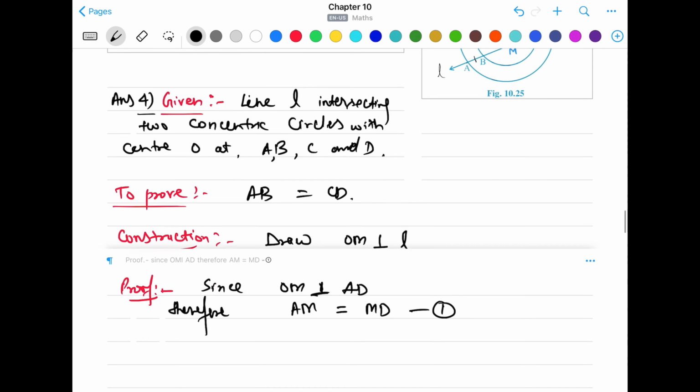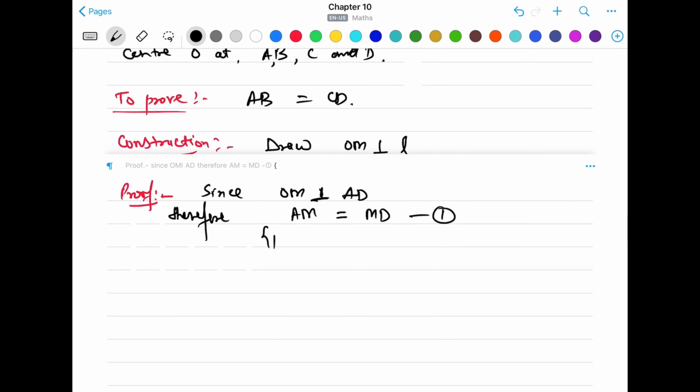Let's name it equation number 1. Reason for this one is perpendicular from the center bisects the chord. Okay, this OM is perpendicular from the center, so it is bisecting the chord AD.